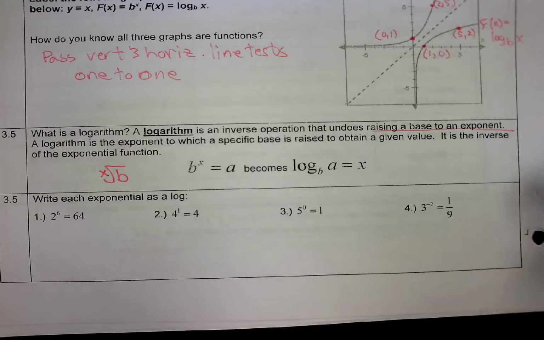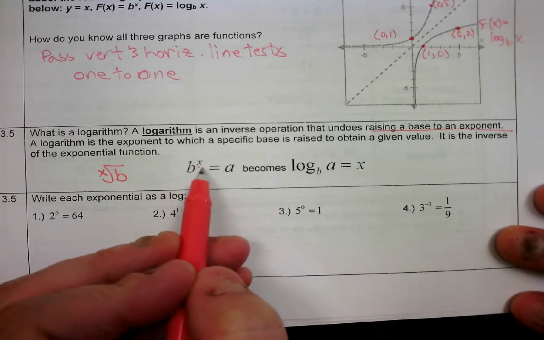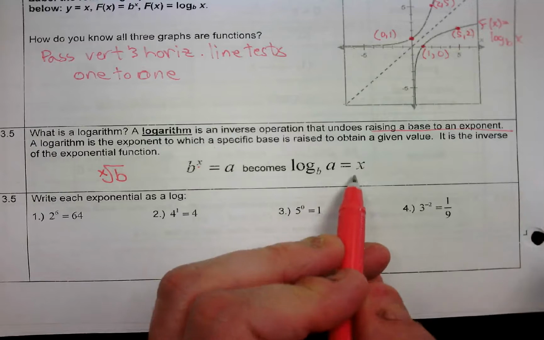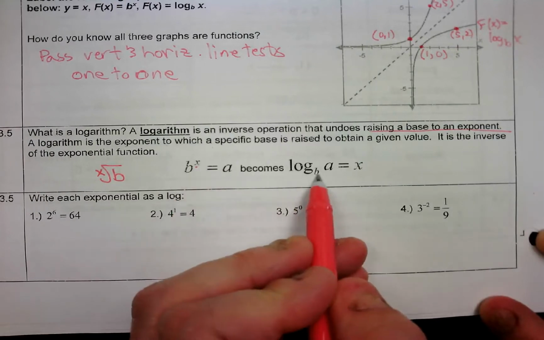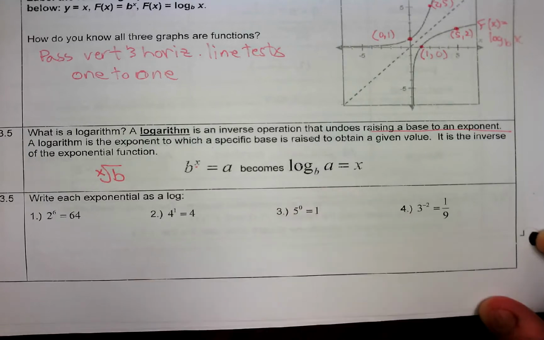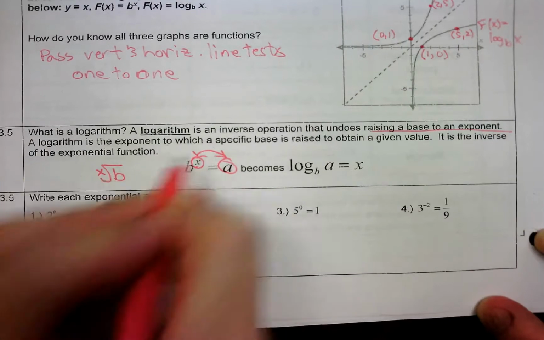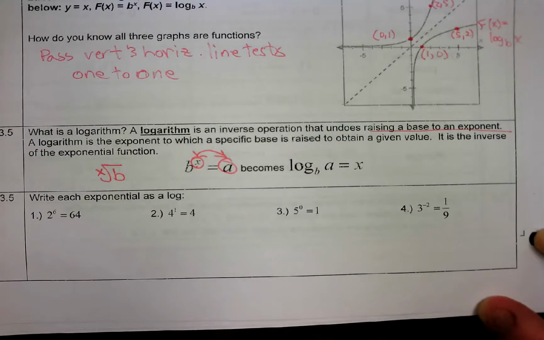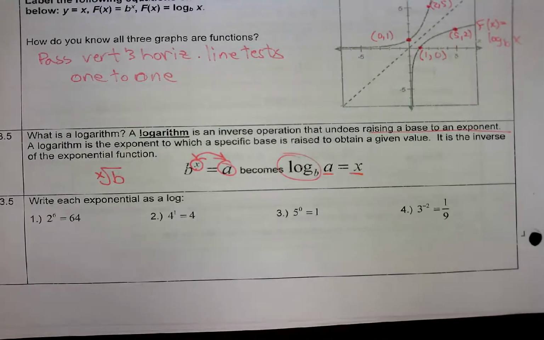But sometimes that's not possible because of the values you have, or because you don't have this exponent. That's where logs come in. So b to the x equals a becomes log base b of a equals x. This is really important, you're going to have to remember this: those two things switch places, and then your log b looks like that now.